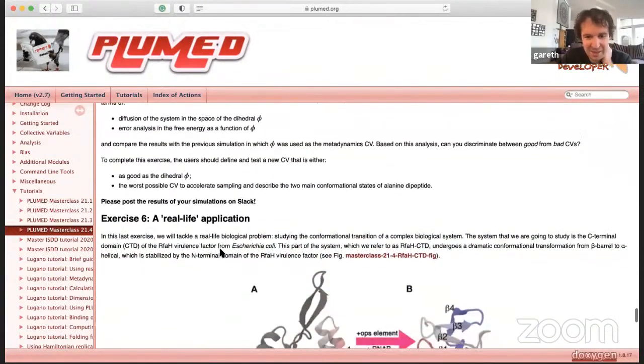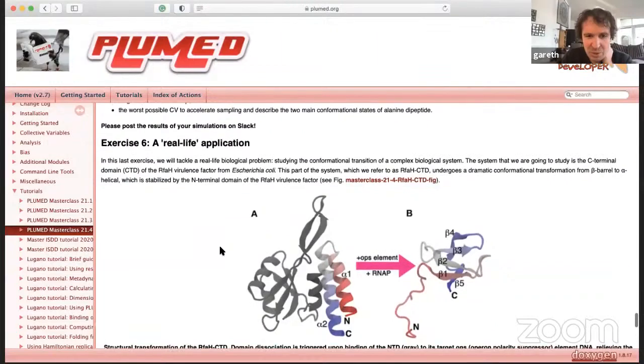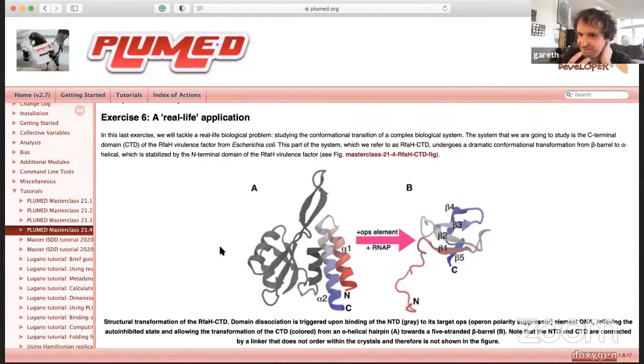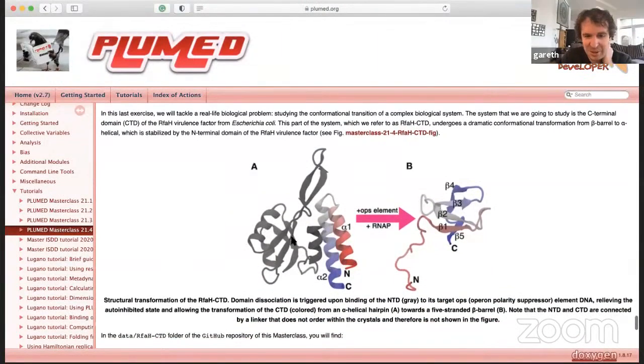And then the last exercise that we've got here is a real meaty example. We've got this quite complicated looking protein that undergoes this transition from an alpha helix to a beta sheet. So you're going to look at this all in implicit solvent.